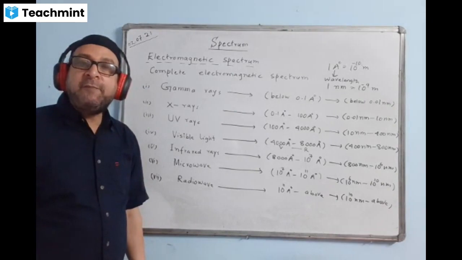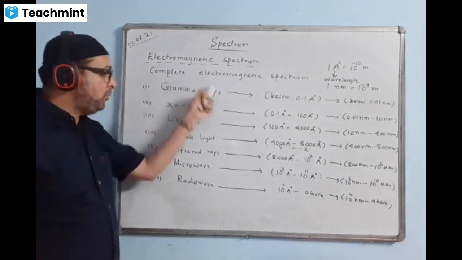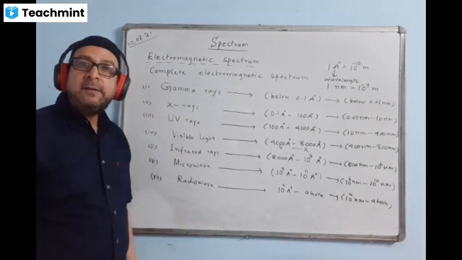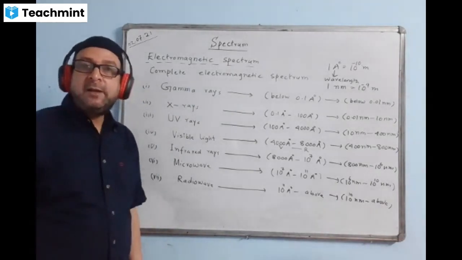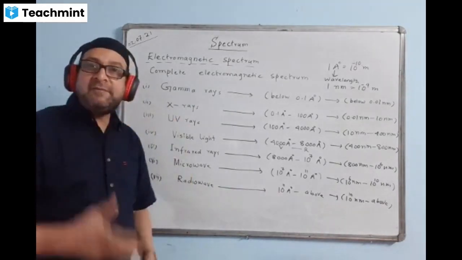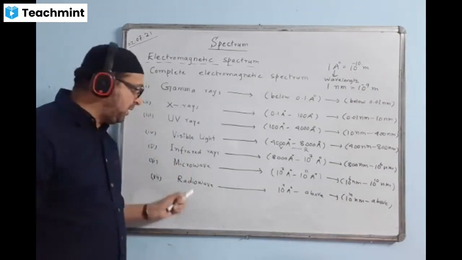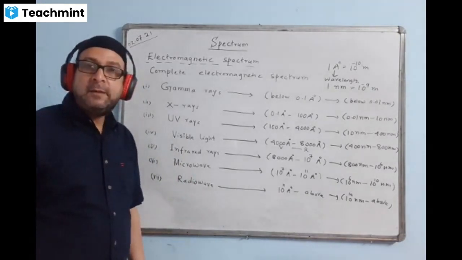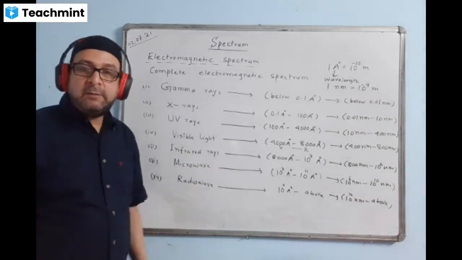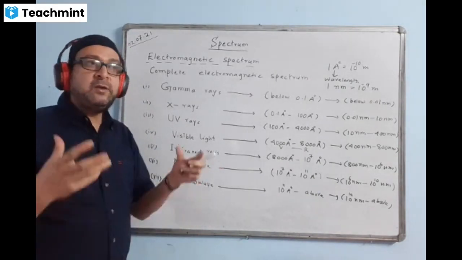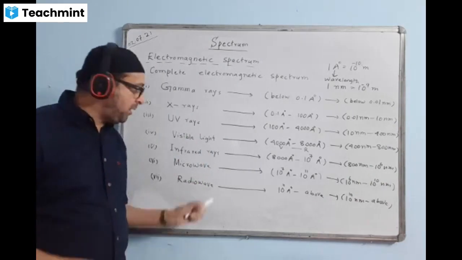Which one is the least harmful of them? Radio waves, because their frequency is lowest and the wavelength is the longest. Now in this present era, we are using communication satellites, and they all release radio waves.